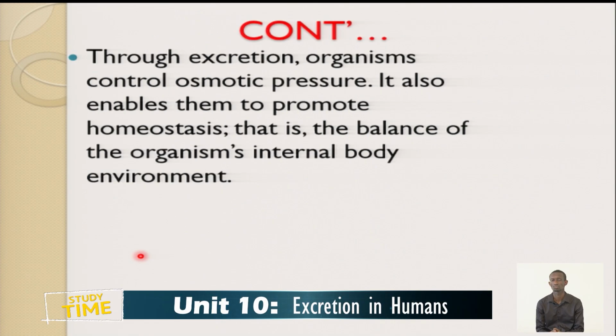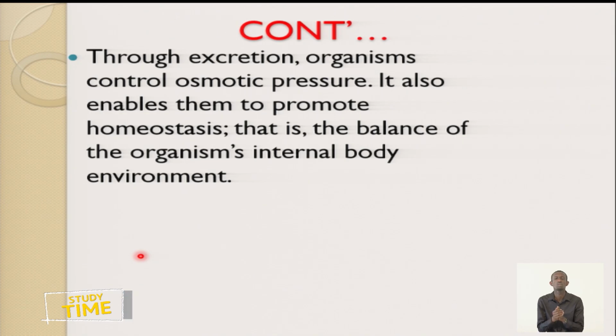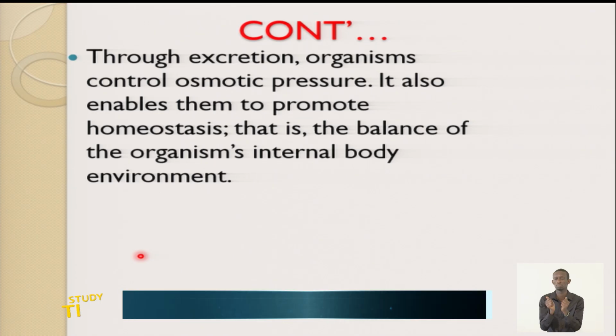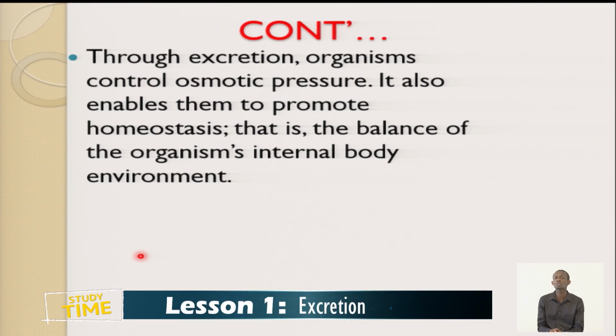So let's talk about how, through excretion, organisms control osmotic pressure. If osmotic pressure increases in our cells or in our body fluid, automatically it will affect the body metabolism. So through excretion, organisms can control osmotic pressure.